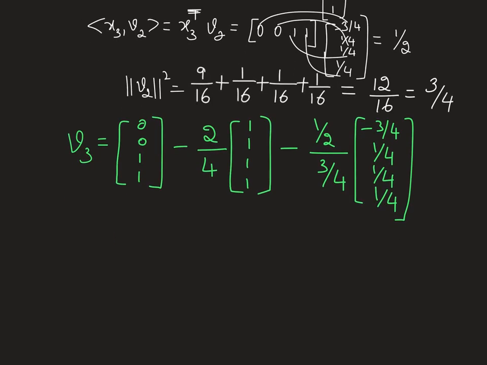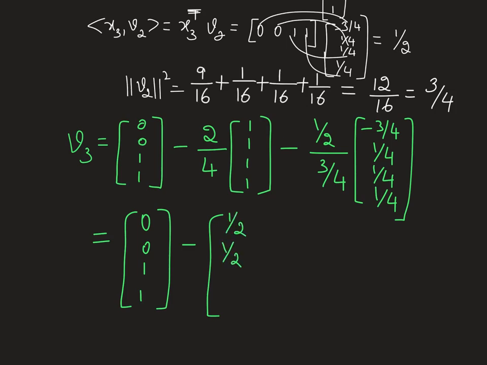So you can simplify this as, I'll keep the first vector 0 0 1 1 as it is, and since 2/4 can be written as 1/2, I can write the vector as 1/2, 1/2, 1/2, 1/2, and the second factor can be written as 2/3.